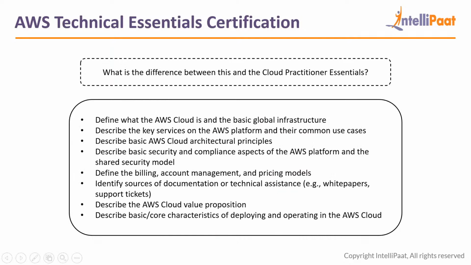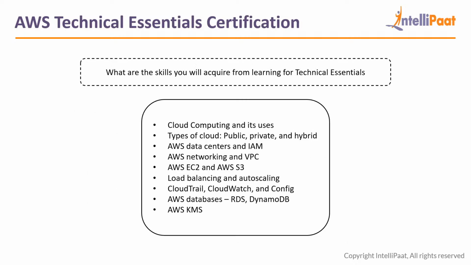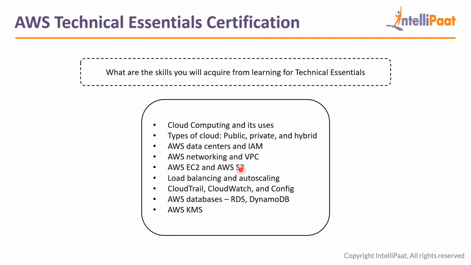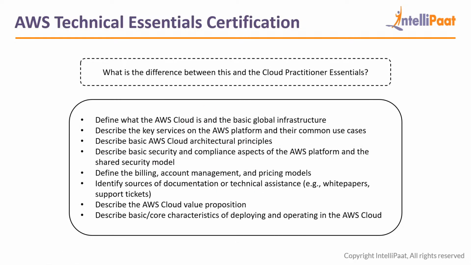But if you take the cloud practitioner one, it's more of a theoretical approach to the same things which you learn here. But obviously, cloud practitioner essentials leans towards the cloud practitioner exam, and most of the topics which are covered here will be available in the cloud practitioner exam paper. And this does not totally cover all of the aspects of cloud practitioner, but this will give you more of a theoretical knowledge. It will give you all the knowledge you require.